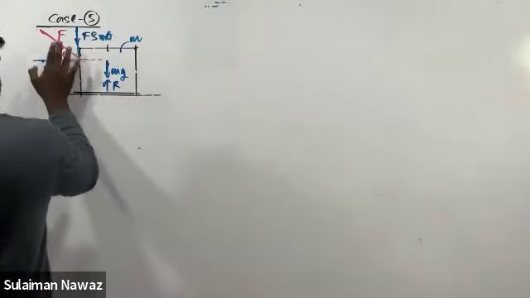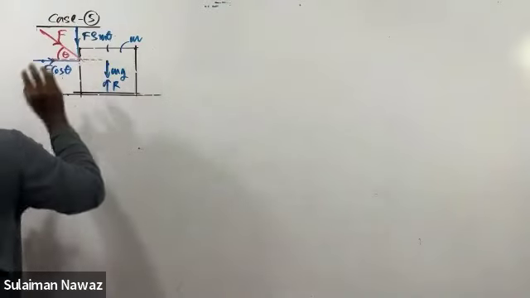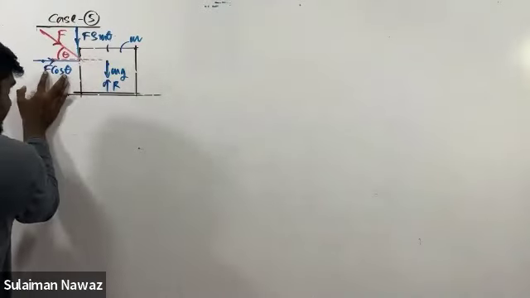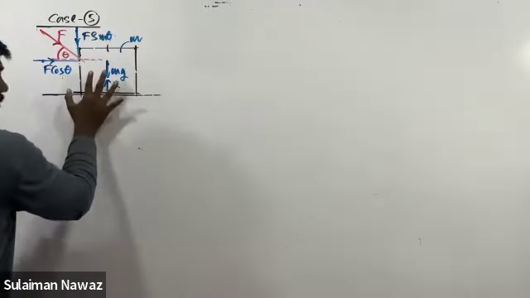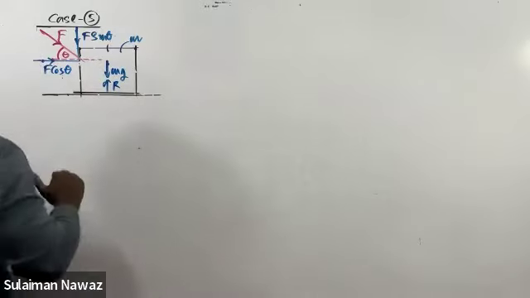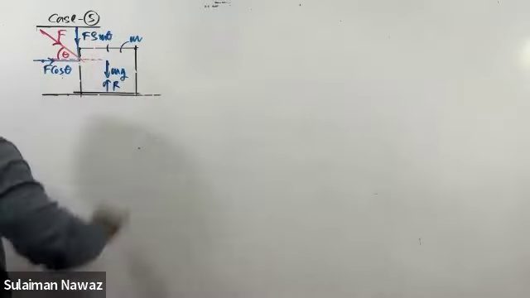Now I resolved capital F into two perpendicular components, F cos theta and F sin theta. Because of the F cos theta component, the object moves horizontally, but it does not move vertically. Then we can say this object is under vertical equilibrium.